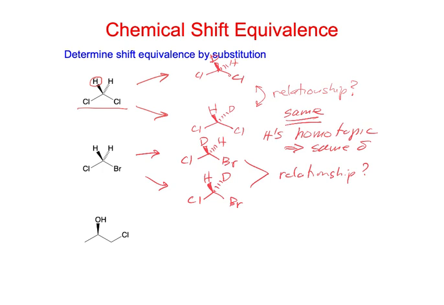Are they superimposable? Are they the same though? They're not superimposable. So what do we call them relative to one another? Enantiomers. They're mirror images that are non-superimposable, right? So they are enantiomers. And so the protons are called enantiotopic. Okay?